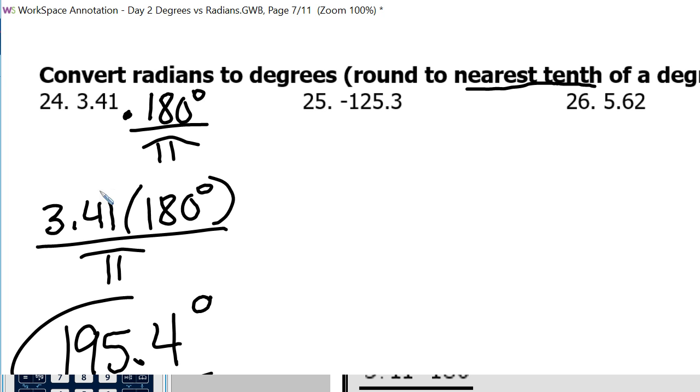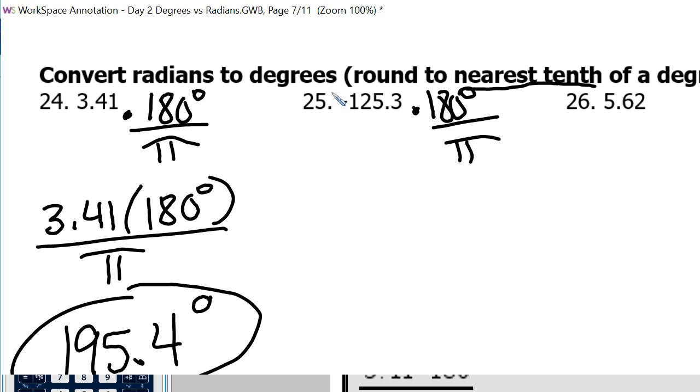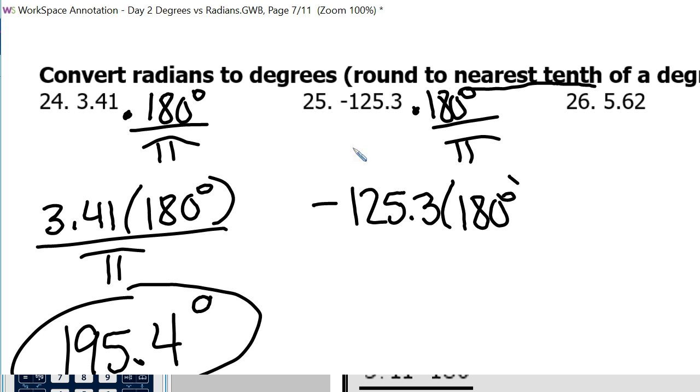25, we still need to multiply by 180 degrees over pi in order to convert from radians to degrees. So this would be negative 125.3 times 180 degrees divided by pi. Now this one, it looks big, but it's actually a really, really small number because we got negative.